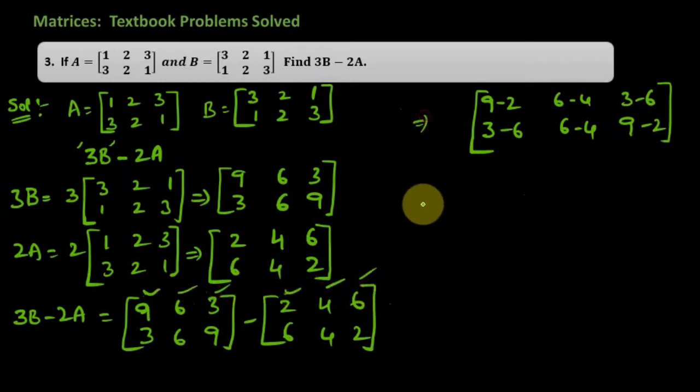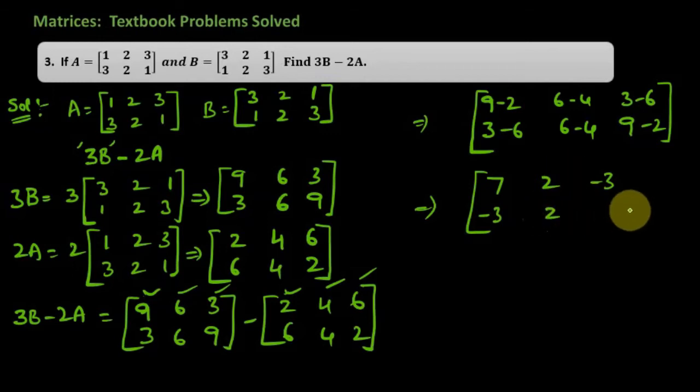Now, what I'll get? 9 minus 2 is 7, 6 minus 4 is 2, 3 minus 6 is minus 3, here minus 3 again, here 6 minus 4 is 2 and 9 minus 2 is 7. Okay, so this is the final answer.